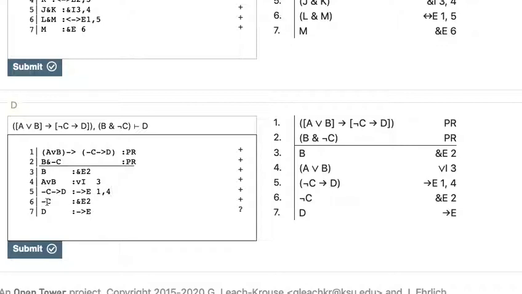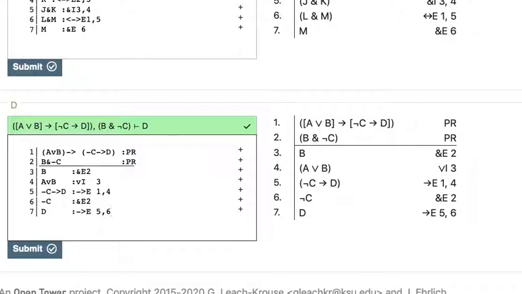Then I get not C by and elimination on 2. And then finally, I get D by arrow elimination on 5 and 6. So that's the complete proof.